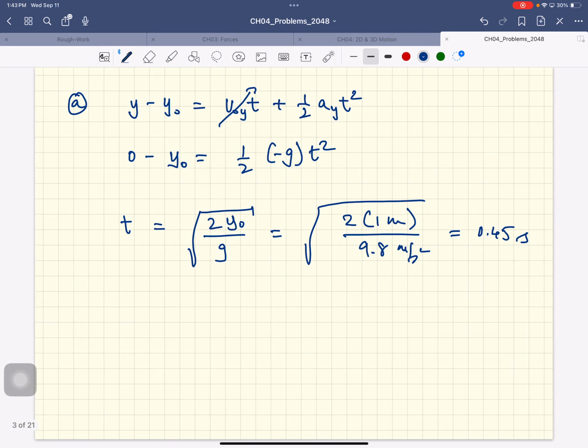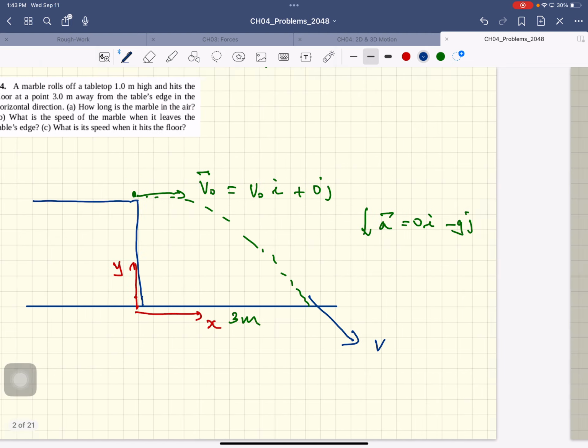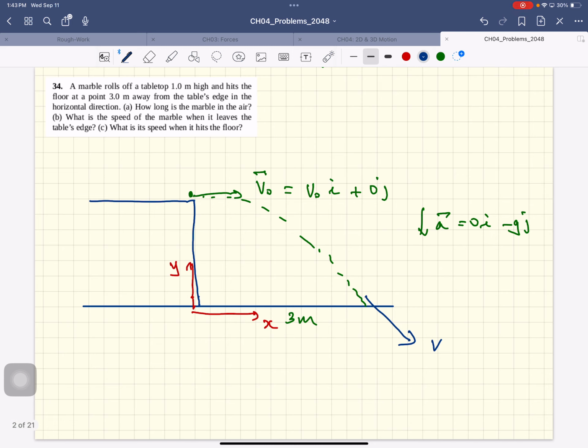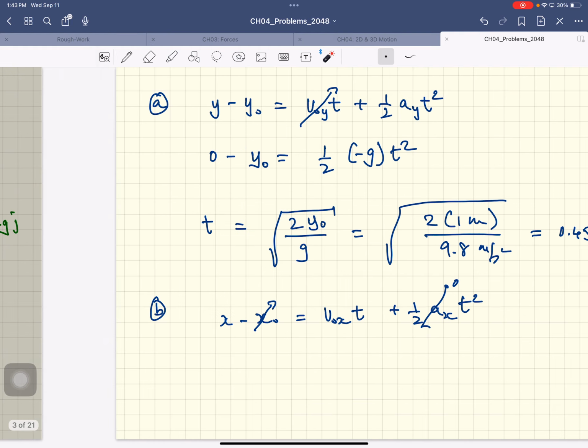So what is the speed of the marble when it leaves the edge? Now let's look at the x component of the motion. x minus x naught equals v naught x t plus 1/2 a x t squared. The x component of the acceleration is 0. We'll say this is the origin, so x naught was 0. x is 3 meters; the final location is 3 meters.